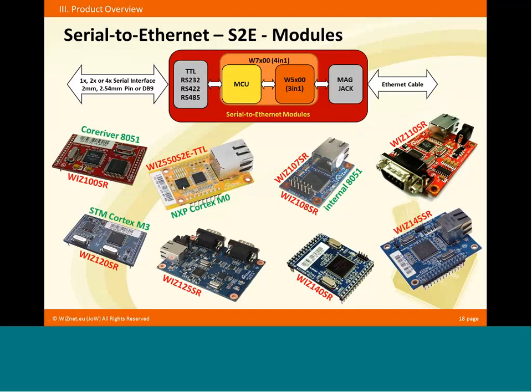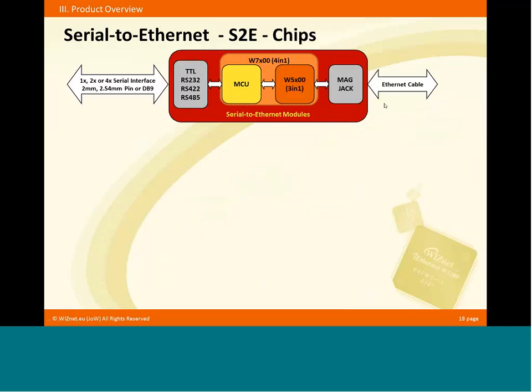So you see it's really a tiny little microcontroller. And here on these blue modules we have the Cortex M3 from ST Micro, and we have 2 or even 4 serial interfaces. These modules are made of one chip or 2 chips, and have those serial interfaces and of course the Ethernet connectivity.